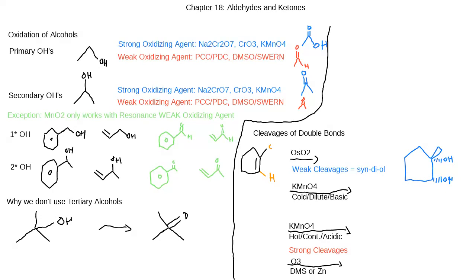So again, strong cleavages, but the difference between KMnO4 hot, concentrated, and acidic, and ozonolysis, DMS, or zinc is that KMnO4 is a strong oxidizing agent, and ozonolysis is a weak oxidizing agent. So you can technically add it to this list. It's just that I don't see it as much in an alcohol setting.